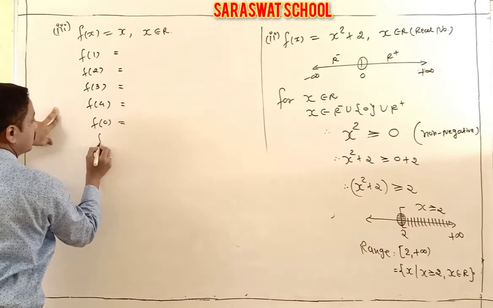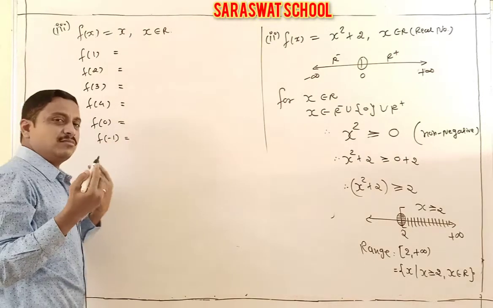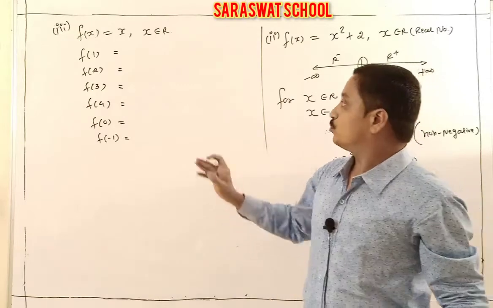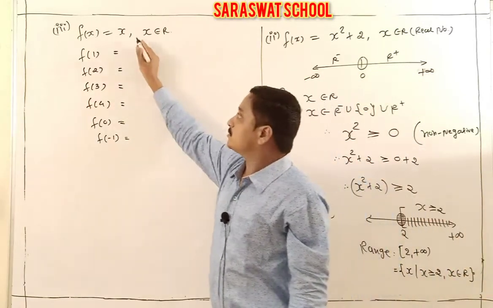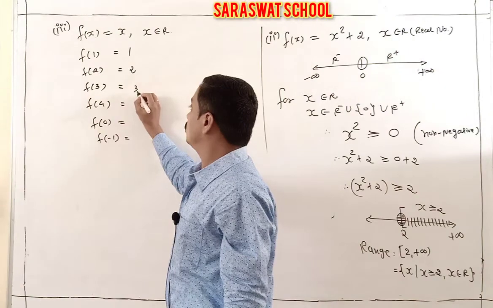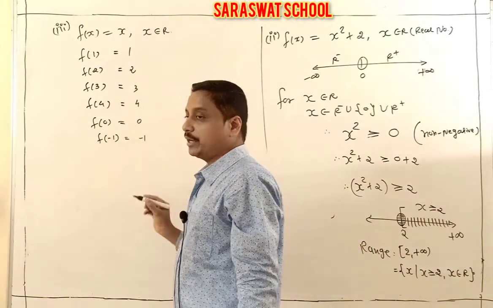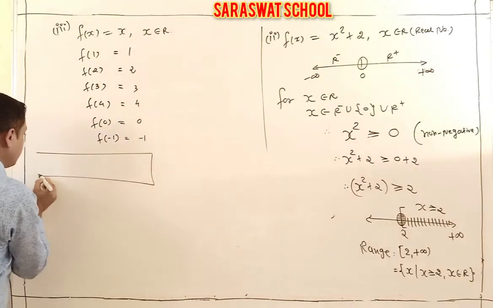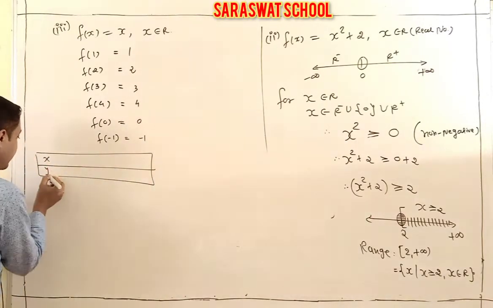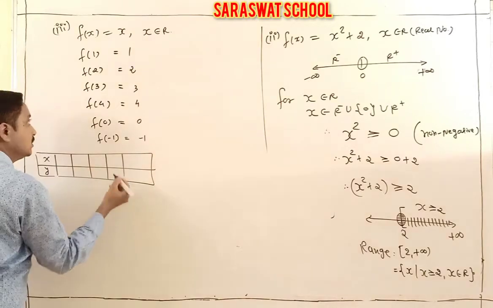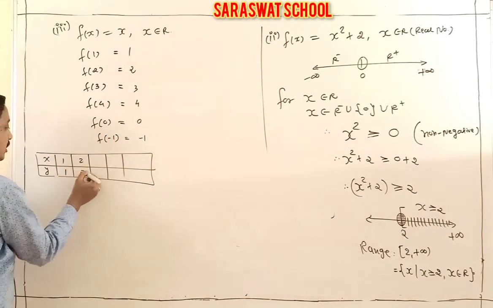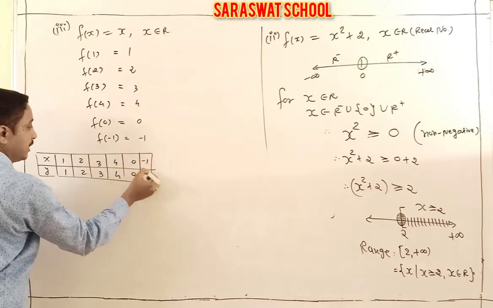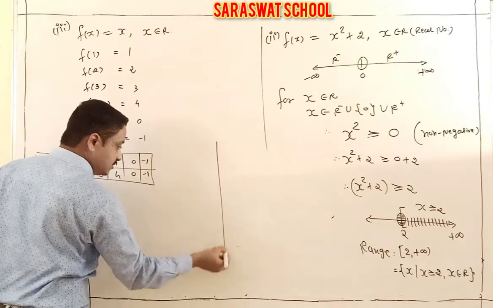Students, here you take some numbers, any number from your domain x belongs to R. So here I am taking some numbers for x: 1, 2, 3, 4, 0, -1. I am sure you understood that type of table of x and y. Easily done. Your graph: 1 then 1, 2 then 2, 3 then 3, 4 then 4, 0 then 0, -1 then -1. And the graph is also done.